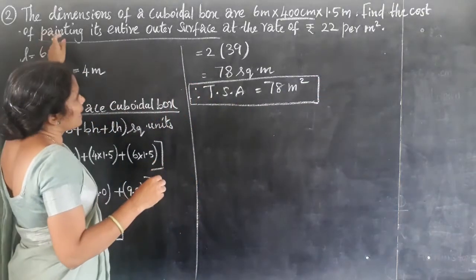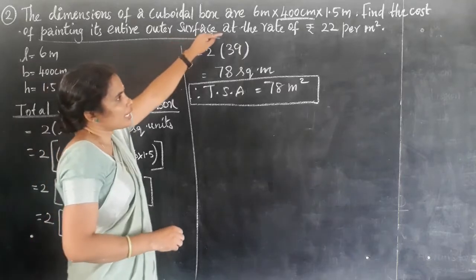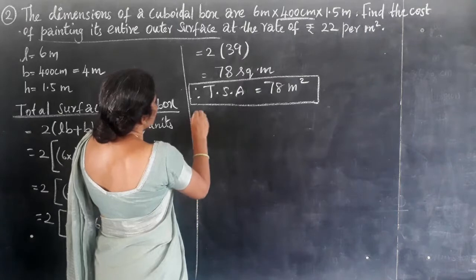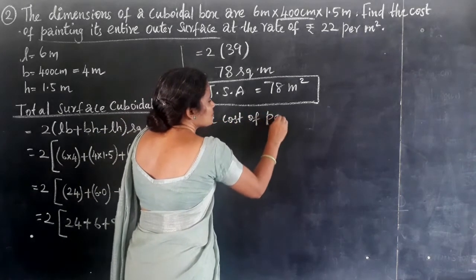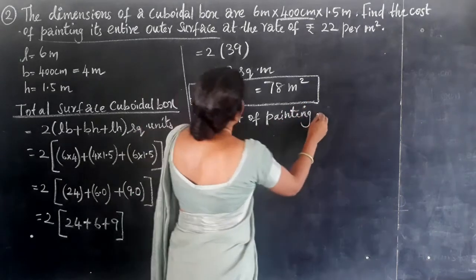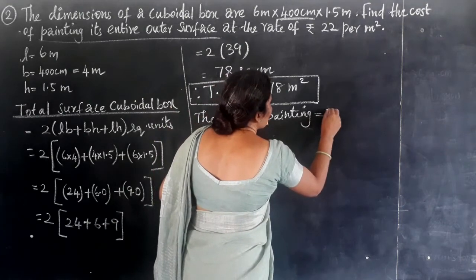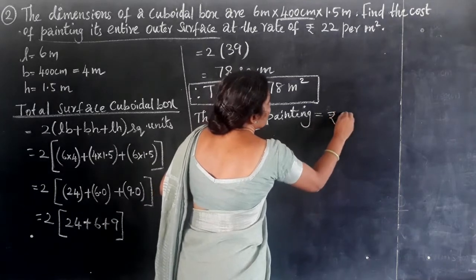And the question asks us to find the cost of painting the entire outer surface at the rate of rupees 22 per meter square. So the cost of painting 1 meter square is equal to rupees 22.